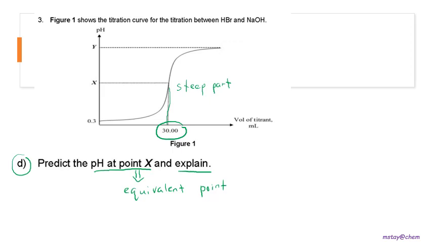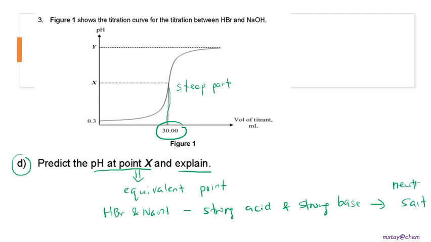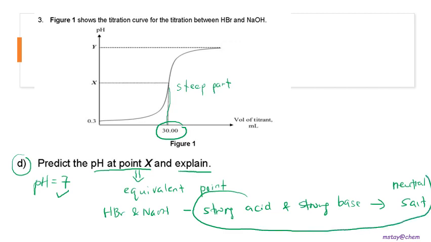Due to HBr and NaOH both being strong acid and strong base, when they react with each other, they will produce the salt, and this salt is a neutral salt. So that's why the pH will be equal to 7. So basically, this is the explanation why the salt is produced, and at this point the pH is equal to 7.